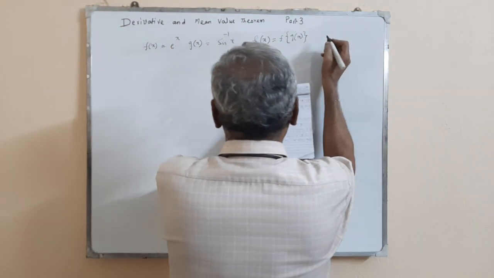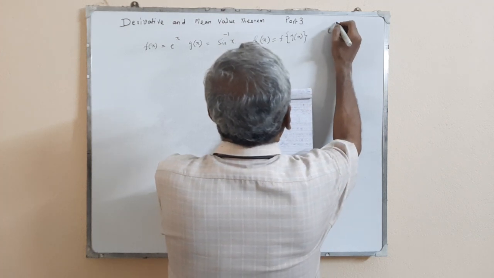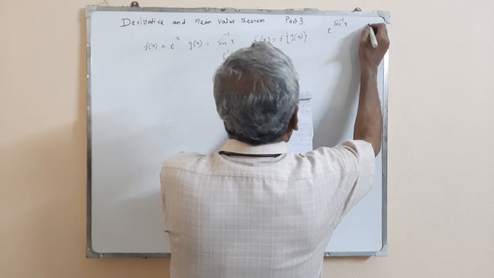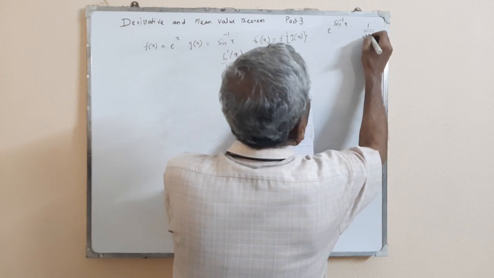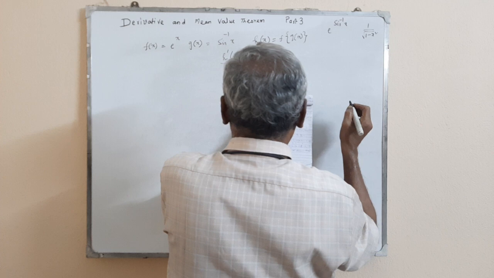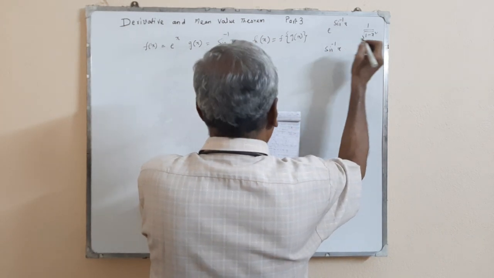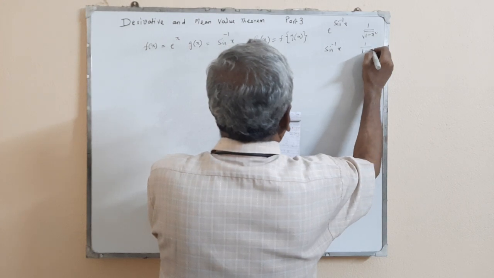Options: e to the power sine inverse x, 1 by root over 1 minus x square, sine inverse x, and 1 upon 1 minus x square.